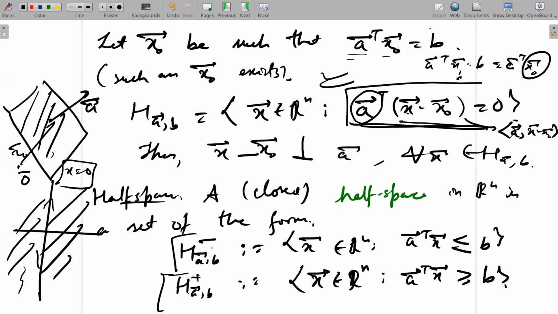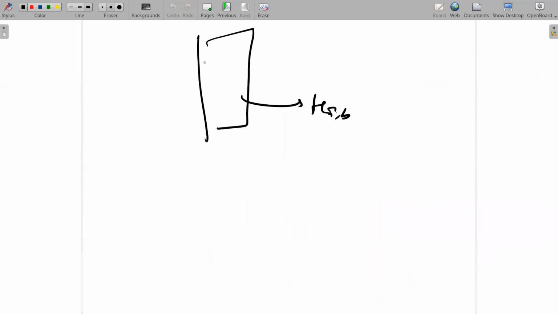Of course, this very much depends on A and B. If I changed the sign of B, replacing it with minus B, then what is H minus and what is H plus will change. But given A and B, this is a well-defined object, HAB. So these are half spaces, and half spaces have the same dimension as your original space. They are a proper subset, but they have the same dimension.